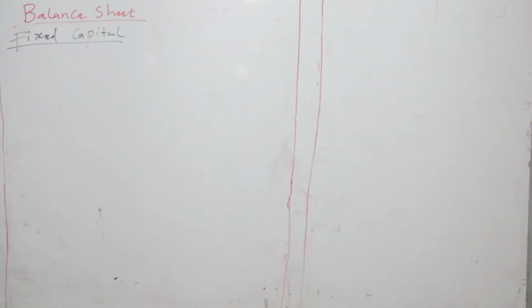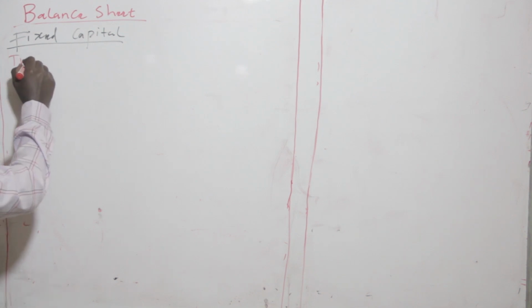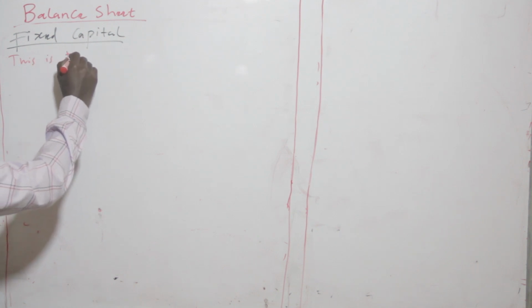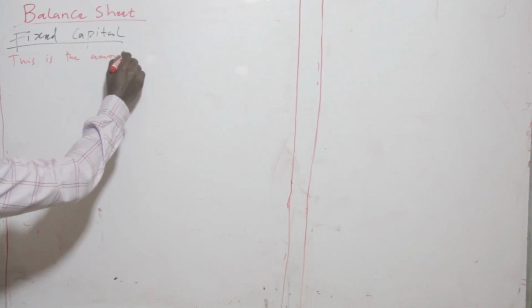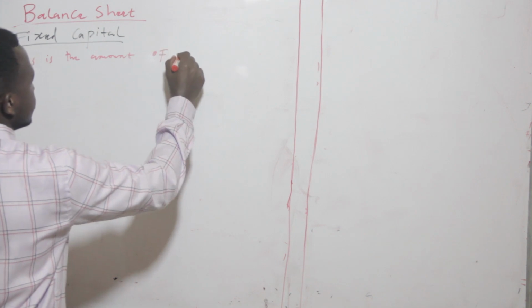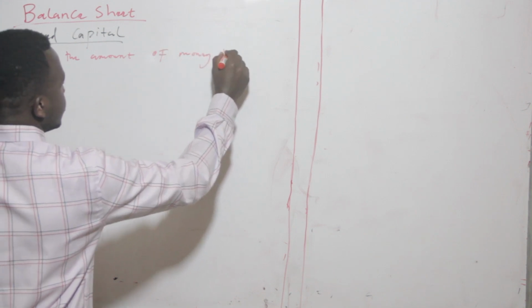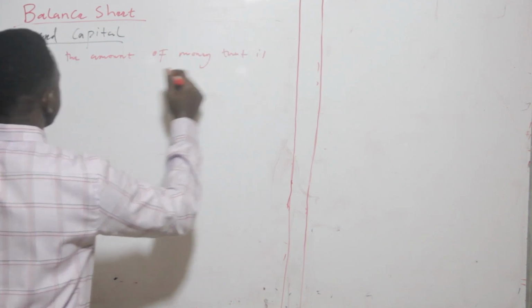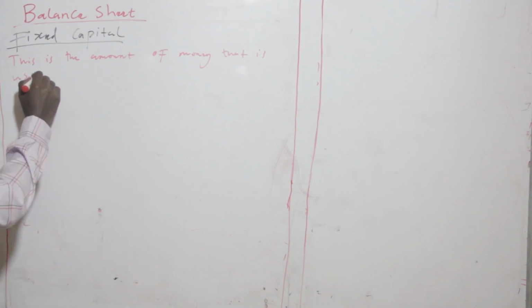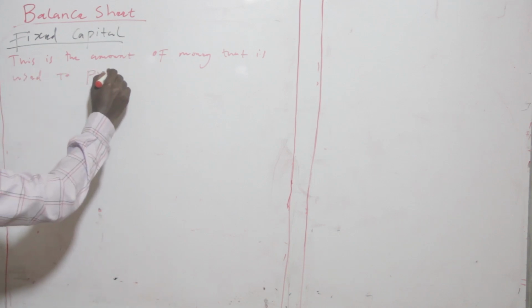So let us now look at the other type of capital, which is fixed capital. So fixed capital is the amount of money that is used to purchase fixed assets.